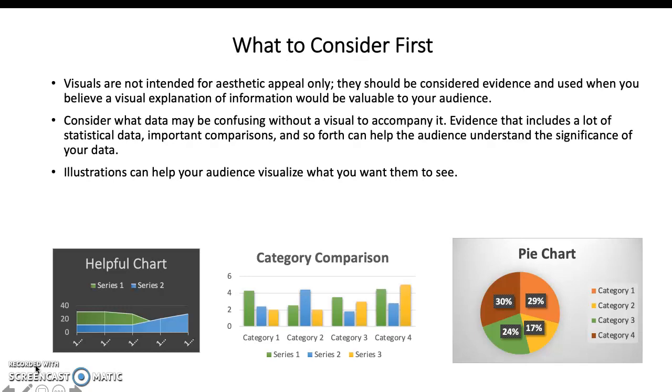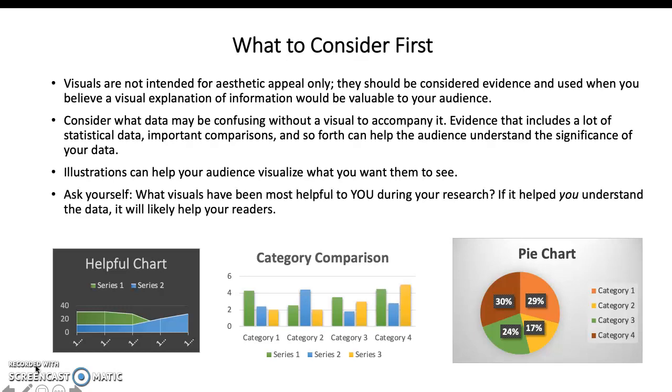And illustrations are also something that you can use, or images. So it doesn't just have to be graphs or charts or tables. You could perhaps use an image or an illustration to help show your audience what your vision is. And I'll talk a little bit more later on in this PowerPoint about some examples for illustrations.